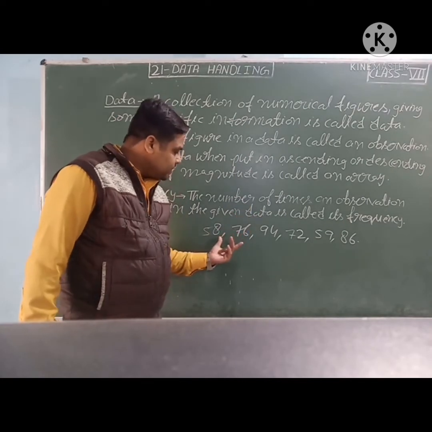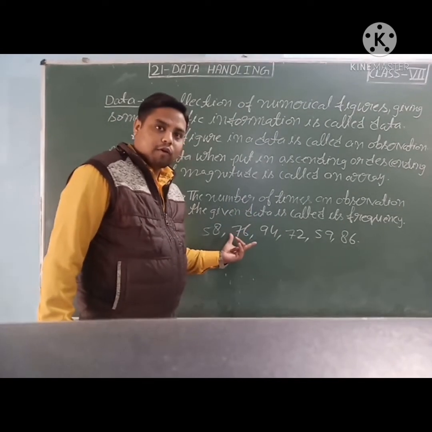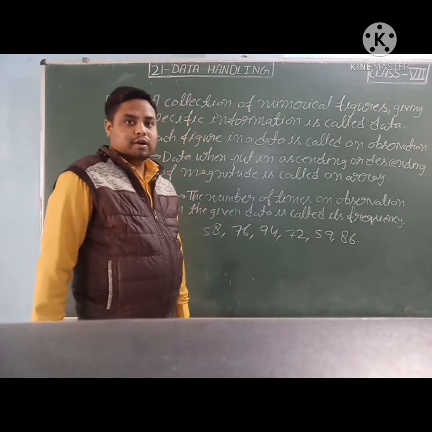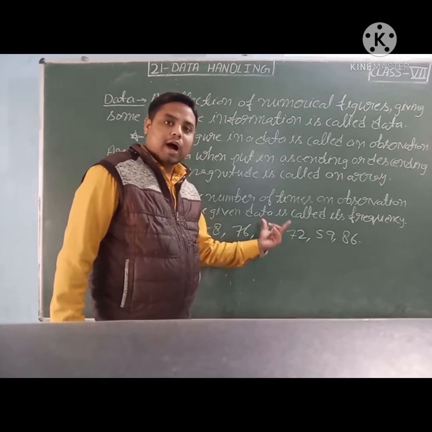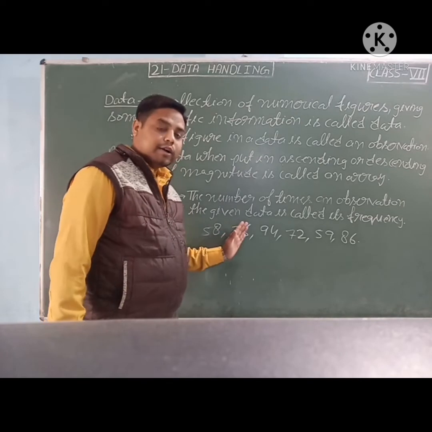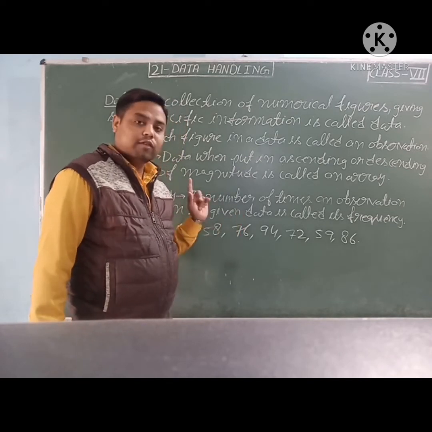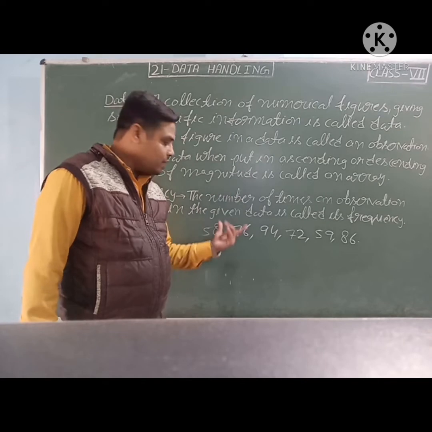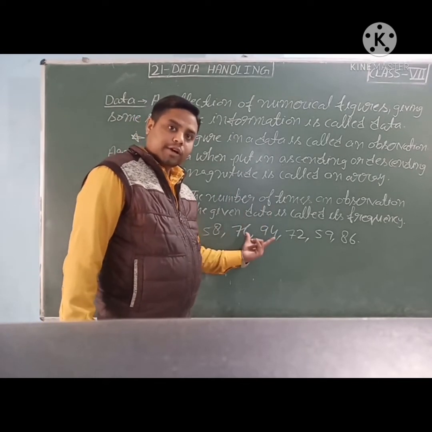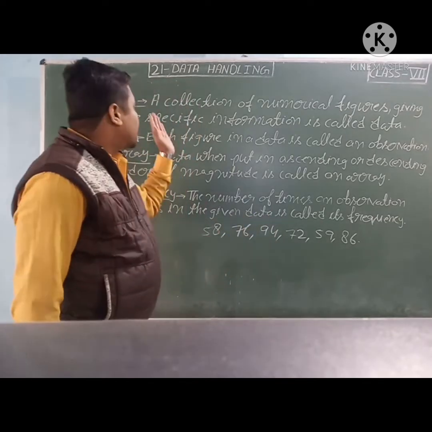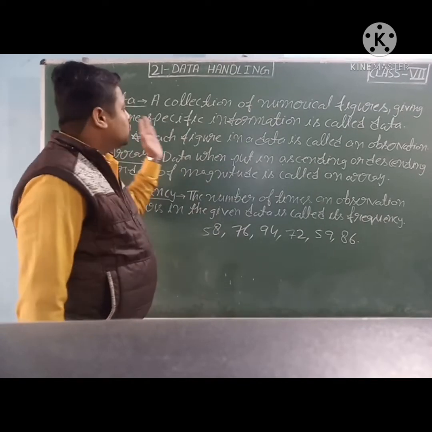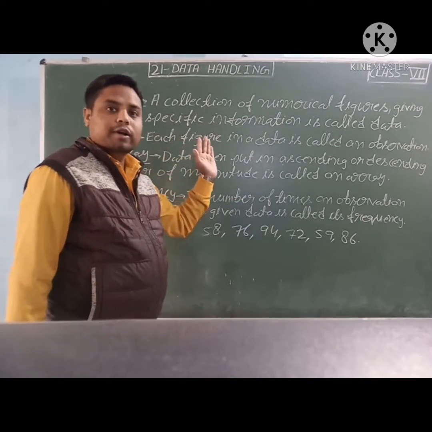If I say that these are the marks of Mohan out of 100 in 6 subjects, so it is called a data. Specific information is marks of Mohan out of 100. In that condition, it is called data. So what is data? A collection of information or numerical figures giving some specific information is called data.